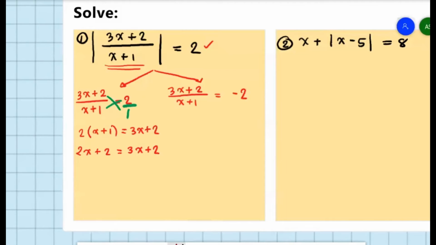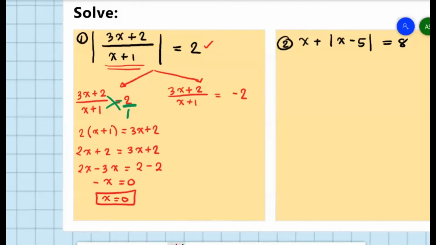And then combine all similar terms. I'm transferring 3x to the left side, so that will become negative, and that will give you 2 minus 2 on the right side. So that will give you negative x is equal to 0. Therefore, your x is 0. So that is your first solution.